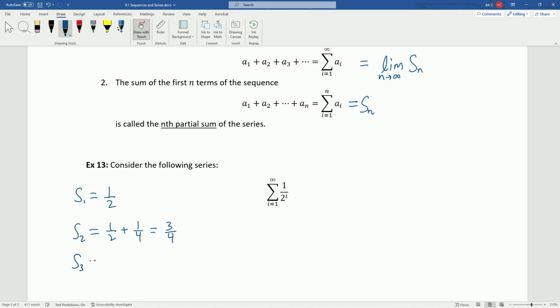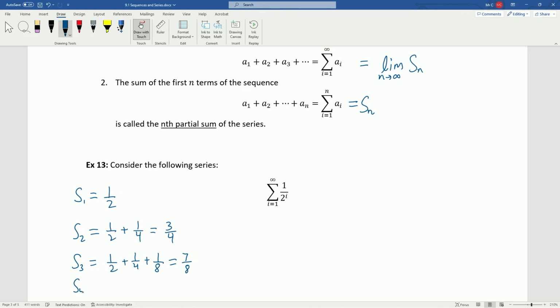And now if we take the third partial sum, that means add the first three terms. 1/2 plus 1/4 plus 1 over 2 to the third power, that's 1/8. Okay, 1/2 is 4/8, 1/4 is 2/8. 4/8 plus 2/8 plus 1/8 is 7/8.